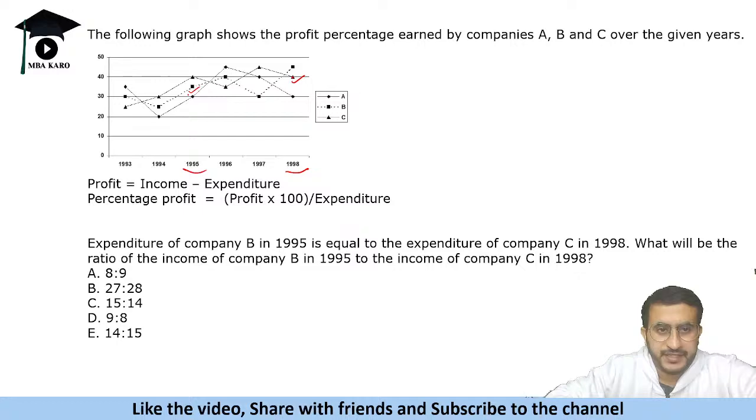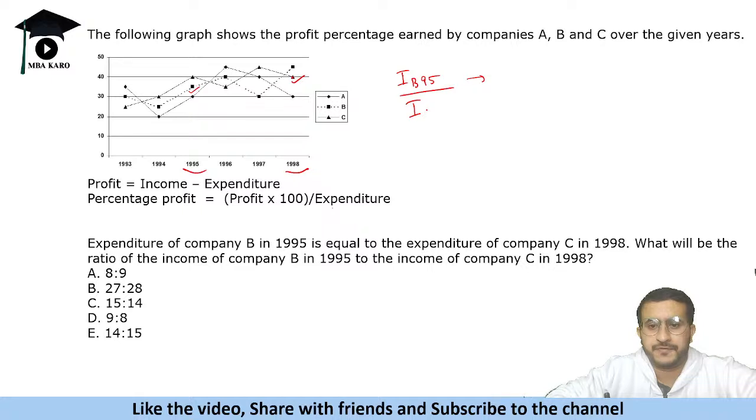B in 1995. So their expenditure is the same, right? Here we see everything is a percentage of expenditure. So income is a percentage of expenditure, right? Income of B in 95 to income of C in 98, right? Their expenditure is the same. So expenditure, let us say 100. So income of B is 135 and this will be 140. So 27 by 28.